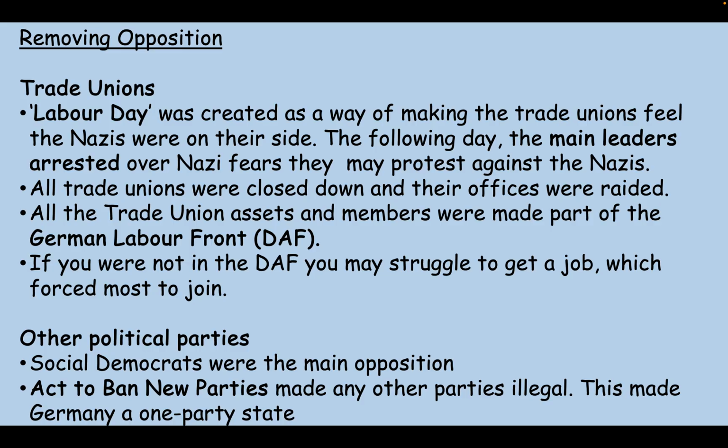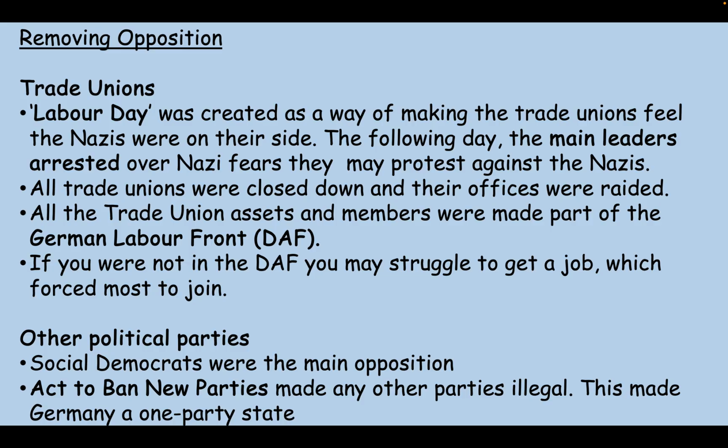Now on this Labour Day, the trade union offices are raided and they are closed down. Leading trade union members or sort of leaders of trade unions are arrested and they completely close down the trade unions.